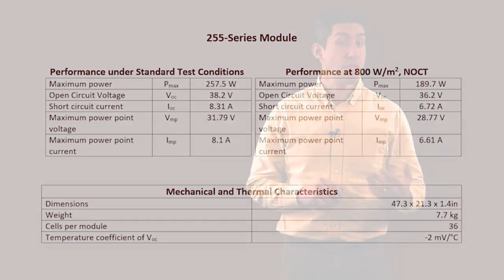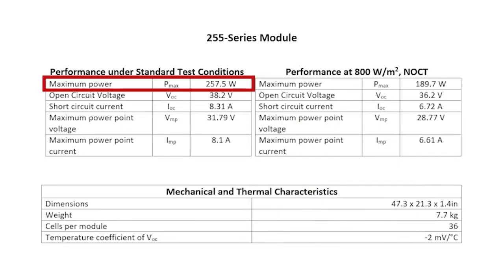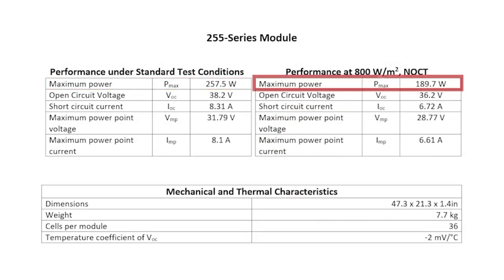In this case, a module STC is shown as having an average power output of 257.5 watts. However, at NOCT, the power is only 189.7 watts. So while this is helpful, product labeling is not universal, and the available information is not always identical. When performance under both STC and NOCT conditions are available, the installer has a better idea of what they would expect under real working conditions.